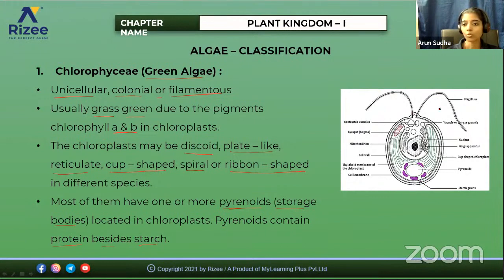They have two flagella. The main flagellated organism in Protista we saw is Euglena. Here the Chlamydomonas comes under the green algae, and it is biflagellated.